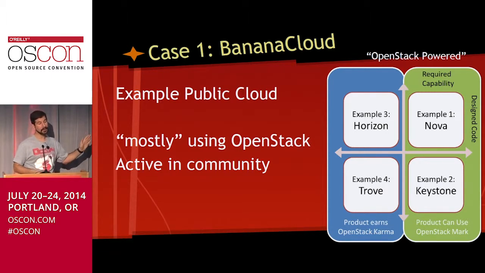And then on the other side, we have projects that wouldn't have required capabilities, but they might have designated code. That doesn't make them core. Just because you have designated code doesn't make you core. You have to have the capability and the code. And you might have projects that are up and coming that don't even have required capabilities or tests.